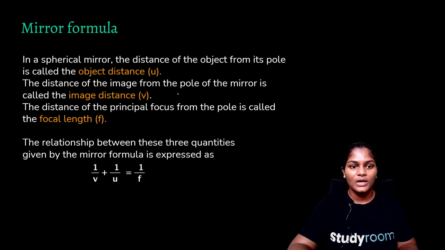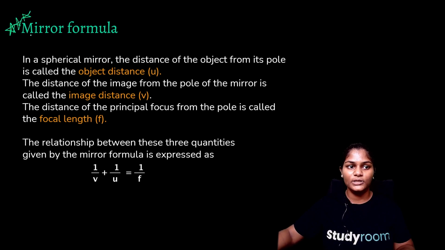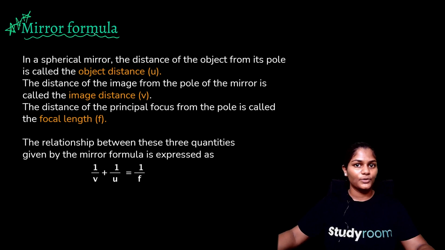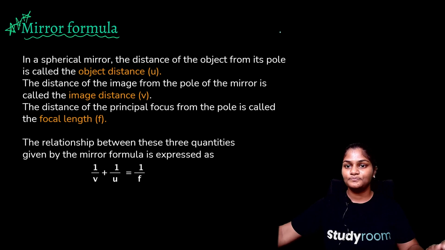Let's move on. So the mirror formula, this is very, very, very important, extremely, extremely important. It is 3-star important. The mirror formula you are going to use everywhere that you are going to do any numericals. So these are some conventions again that you have to know that will be used everywhere. These are symbols that will be used everywhere.